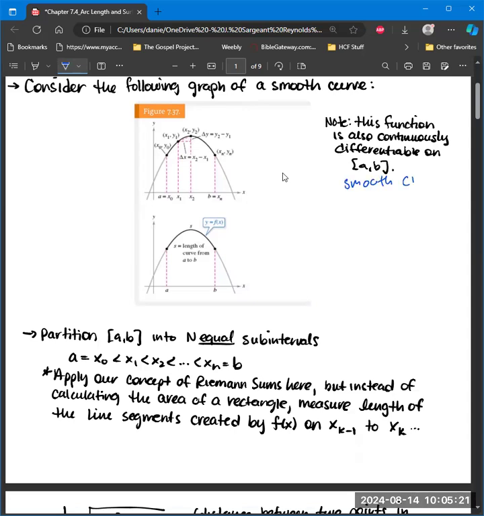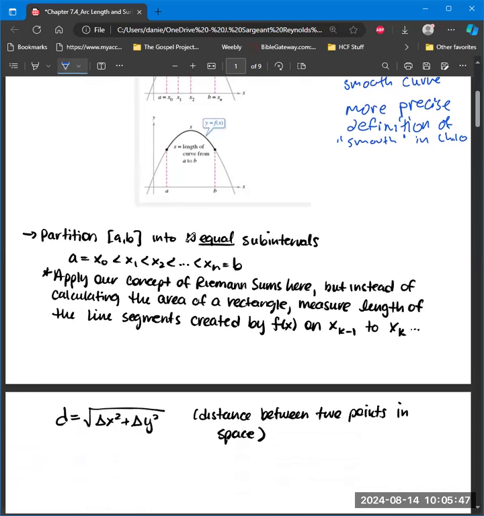We'll get into a more precise definition of the word smooth in chapter 10 when we get into parametric and polar, but it'll be a parametric definition.